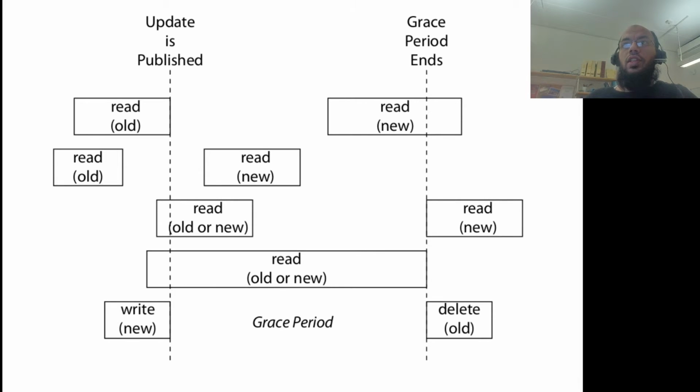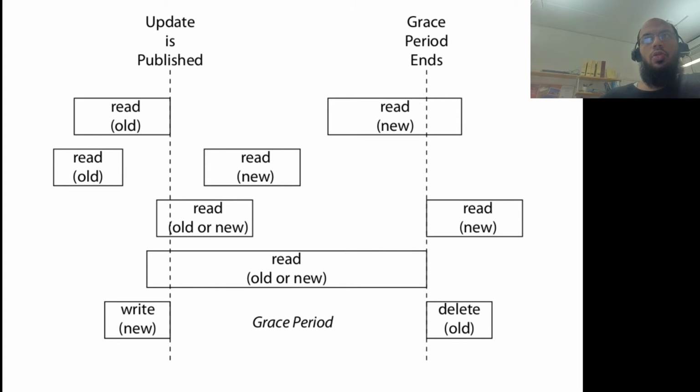But since some threads start the read maybe before you start the write, let's suppose that you have a write, the one at the bottom that's called write new, that starts while a couple of threads are actually reading. So you have two threads on top that read and finish before the write even finishes.